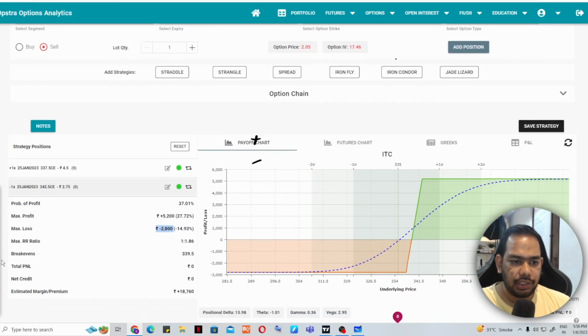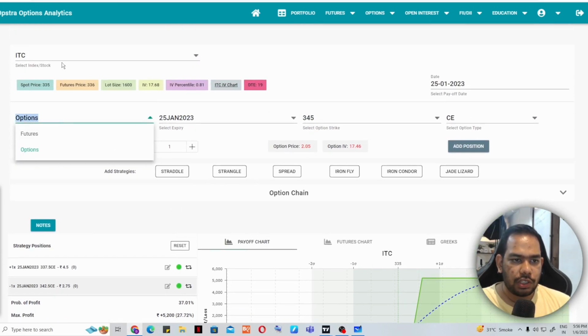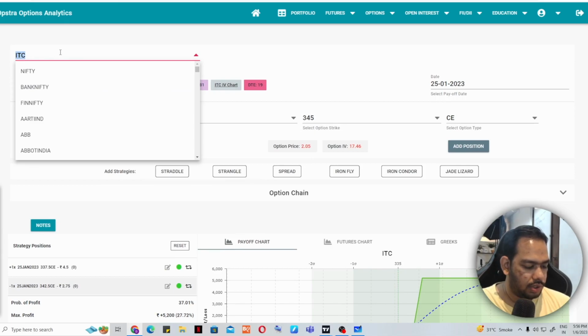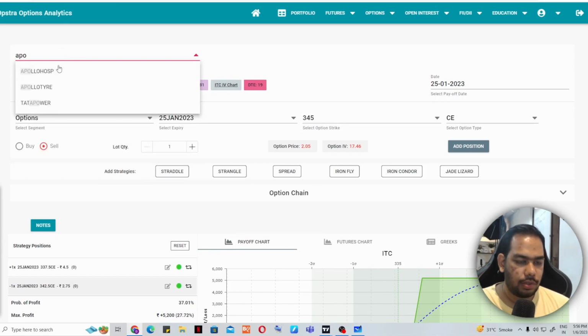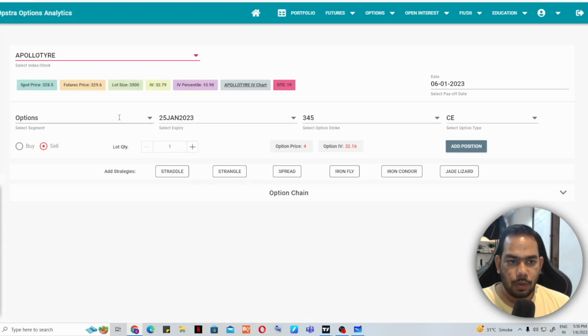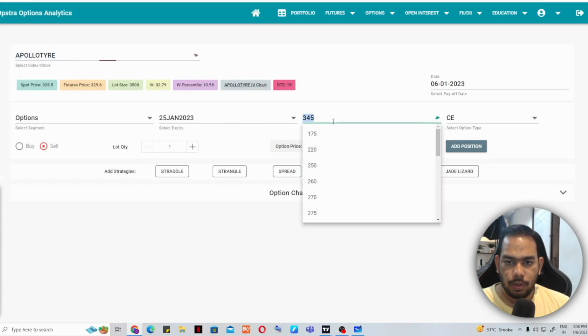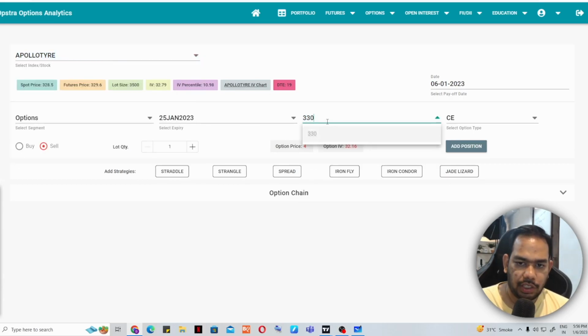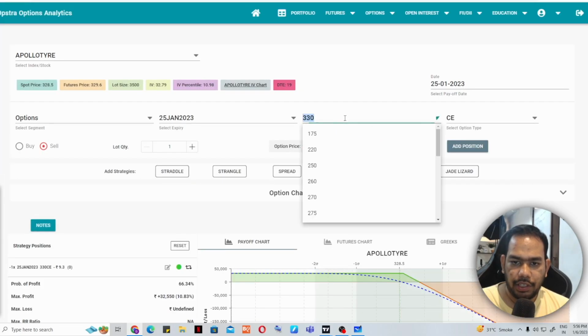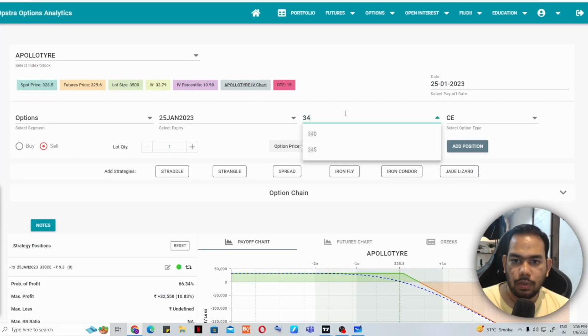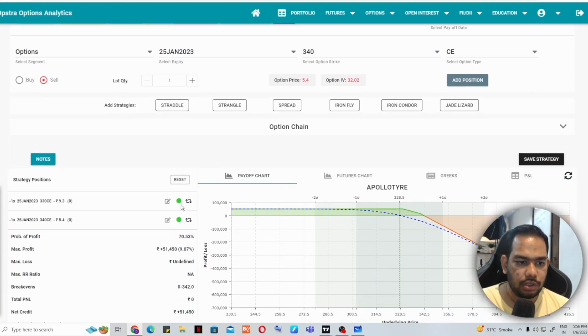Let me check it. So here we will simply go to Apollo Tyres, and the strike will be the 330 call option. We'll add it, and to make a bull call spread, we will sell the 340 call option.